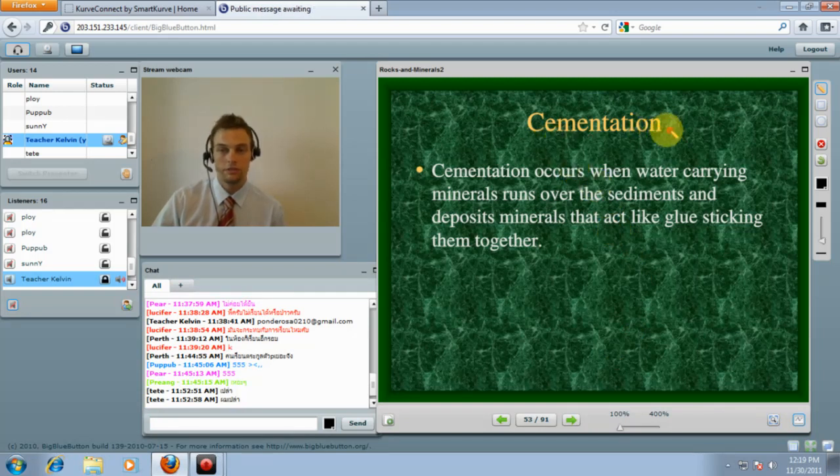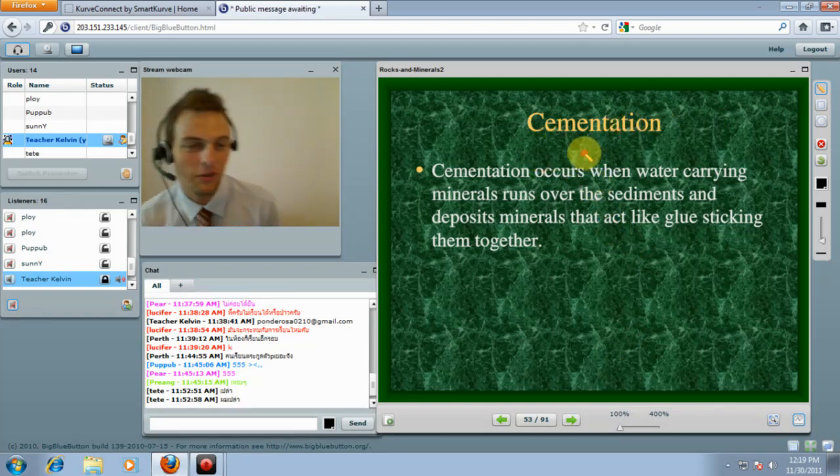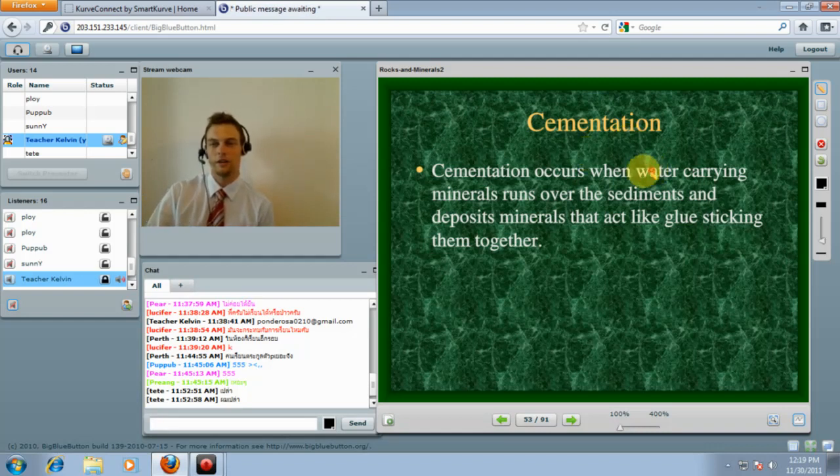Okay, so cementation. We just went over this a second ago as well, but here's just the bare bones definition. Water carrying minerals runs over the sediments and deposits minerals that act like glue, sticking them together. So, like I said, if you have a piece of cement and you break it, you'll see little rocks, and they're kind of glued together in this whole situation that looks just like cement, and this happens naturally all over the world.